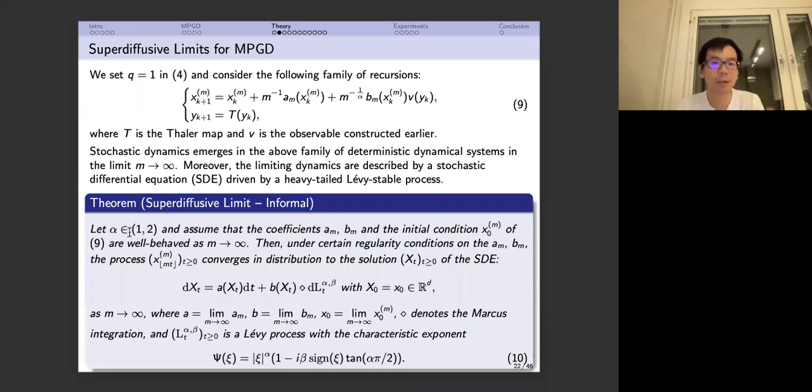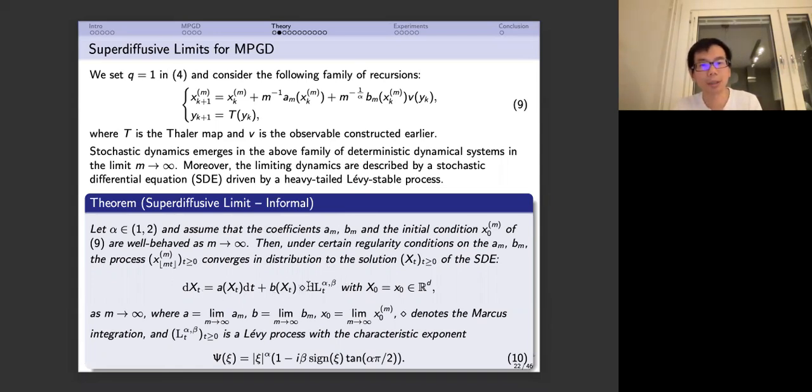Again, alpha is in (1, 2), and under some suitable assumptions on the coefficients A_m and B_m, basically you just want to control the dependence of A and B on m. If they are well behaved, then we can show, under further regularity conditions, that this rescaled process converges in distribution to the solutions of the following SDE.